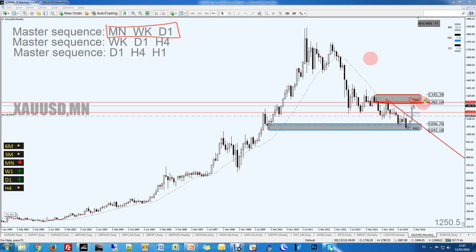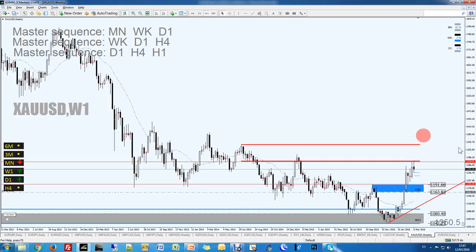Why? Because the monthly area of supply is tested here, so no trades for a long time. Whereas if you know that the monthly area of demand is in control, if you know that the weekly now is up and the weekly area of supply is taken out, then you can say I'm going to switch now to a weekly, daily, 4-hour sequence.